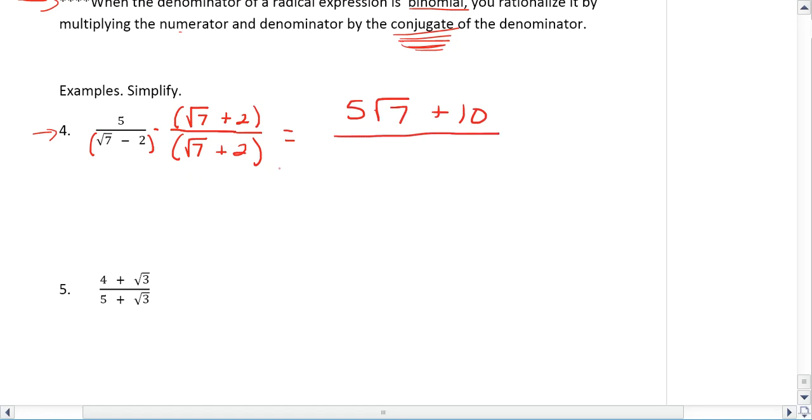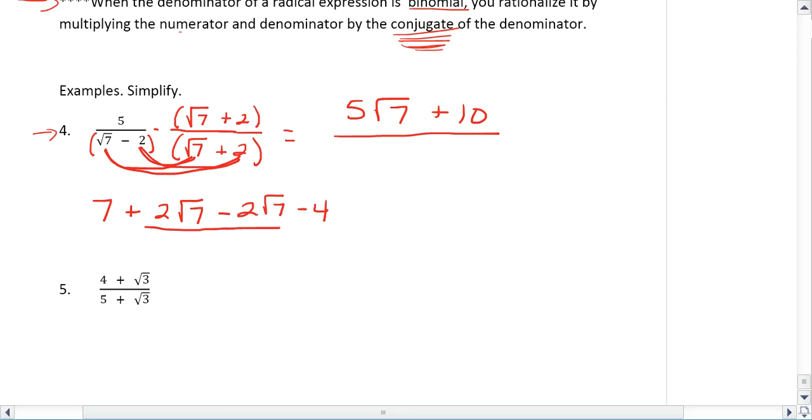And we FOIL the bottom. I think you'll recognize this thinking back to our FOILing chapter. Square root 7 times square root 7 is 7. Square root 7 times positive 2 is plus 2 square root 7. Negative 2 times square root 7 is negative 2 square root 7. And negative 2 times positive 2 is negative 4.